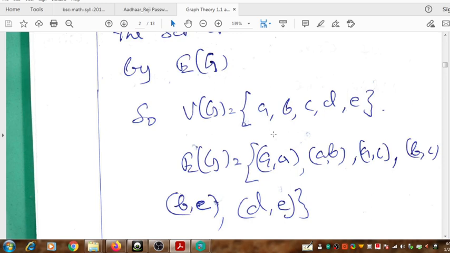In AB, A comes first and B second, and in BA, B comes first and A is the second element. Since the order is important, we treat these two arrangements as different. But in the case of unordered pairs, we treat AB and BA as equal, because the order of the elements is not at all important.